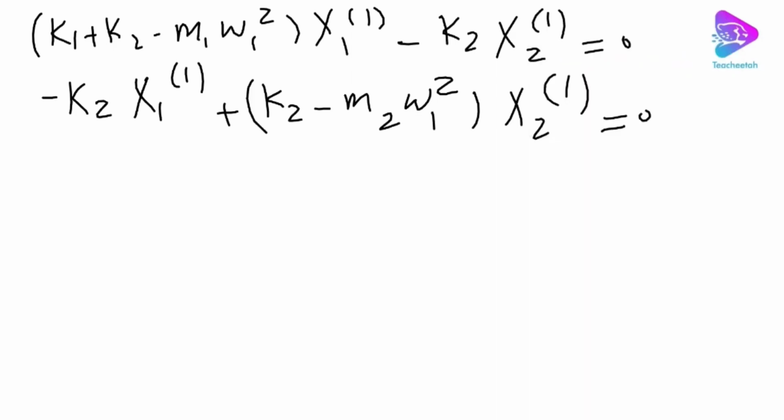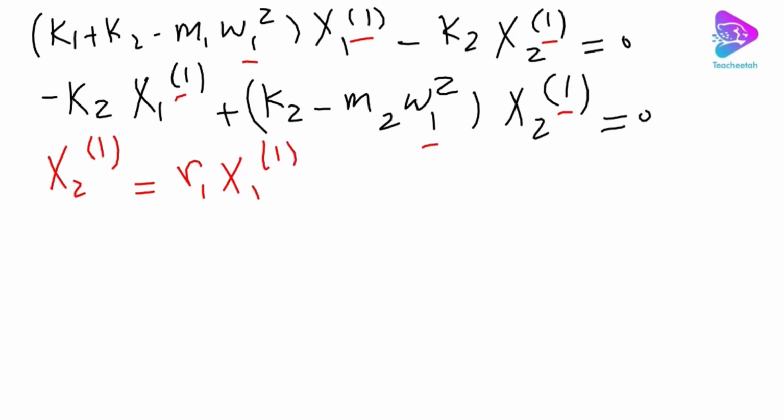Remember that, right? So omega 1 and x11 here. If we do this and then substitute the amplitude ratios, instead of x21 we use r1 x11. This is what we defined before.